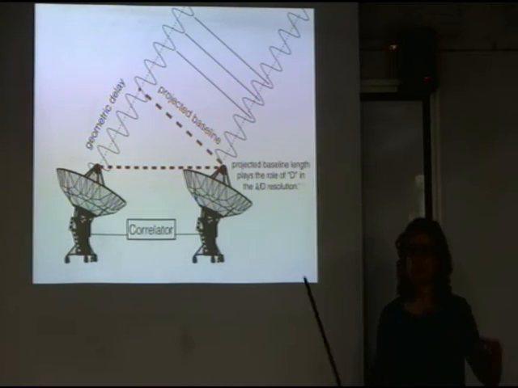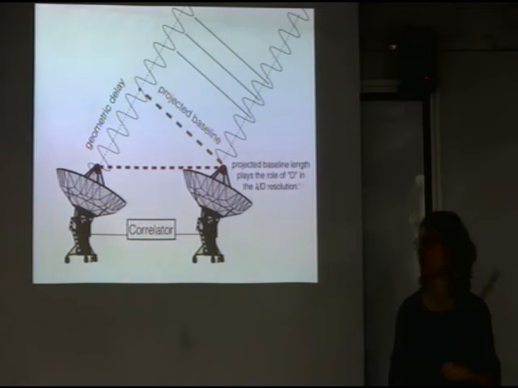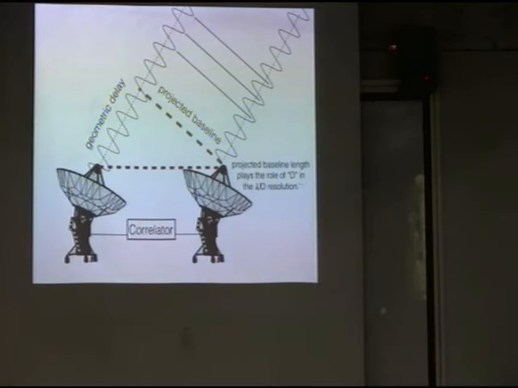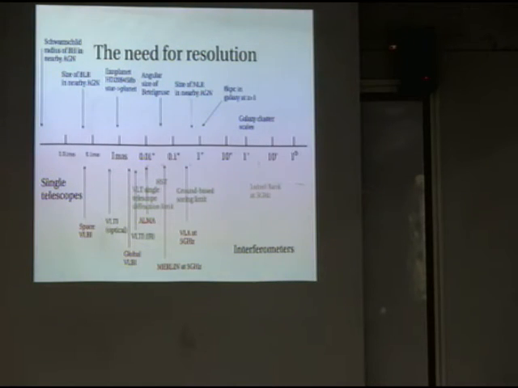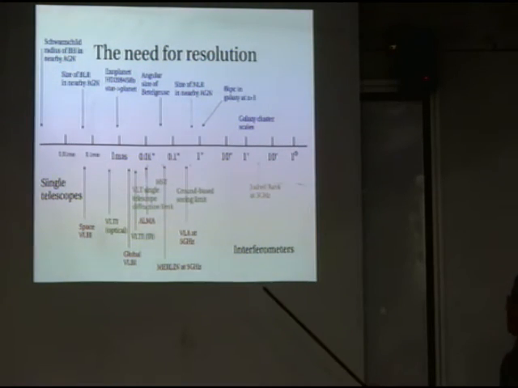The maximum distance between the antennas of an interferometer will give us the resolution. So if we add the technique of interferometry and spread antennas far away, then we can study these objects, right?